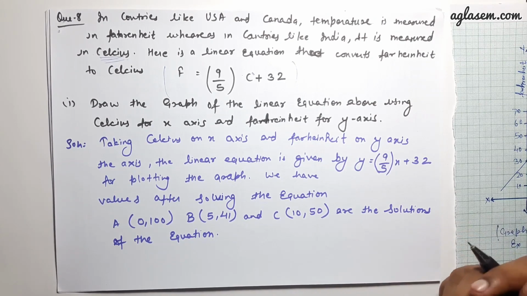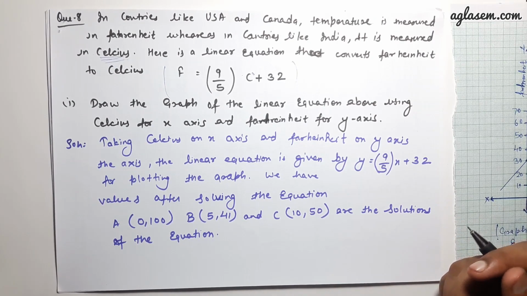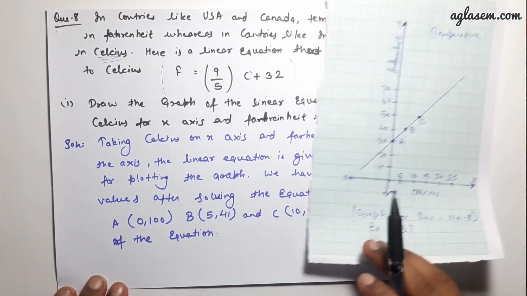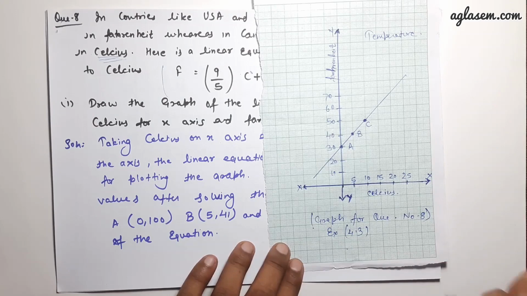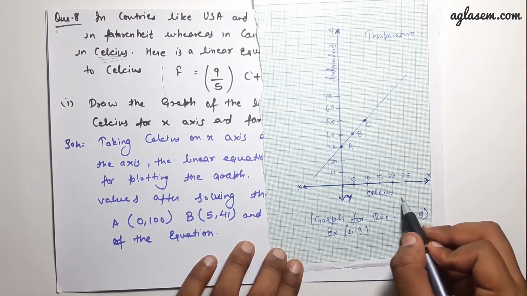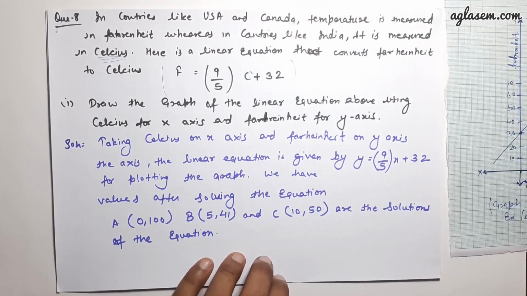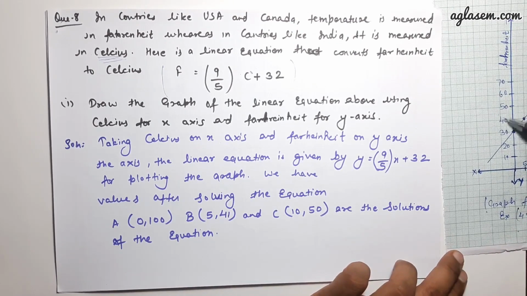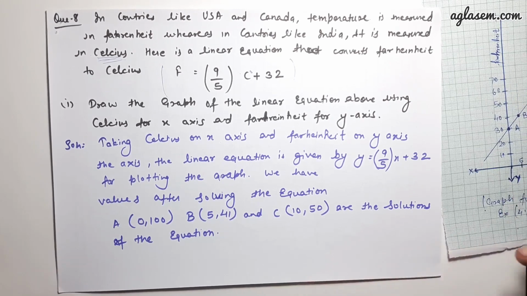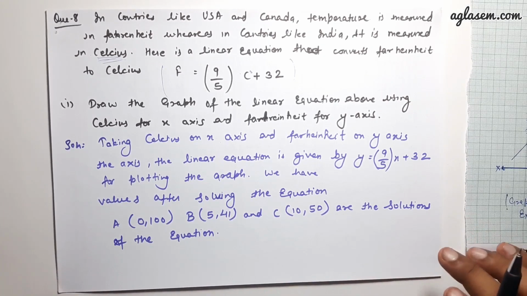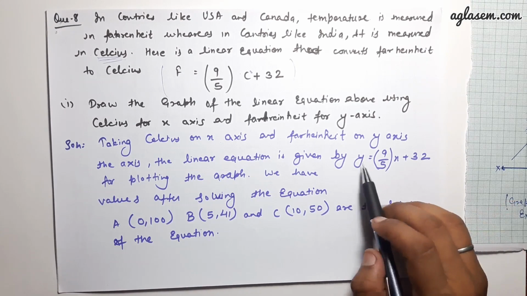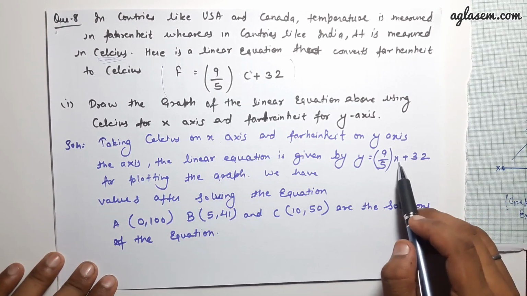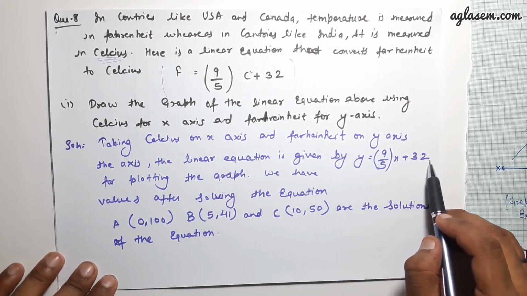So we have to make a graph in the first part of the same question. Taking Celsius on the x-axis and Fahrenheit on the y-axis, you can see here the y-axis is Fahrenheit. The linear equation is given by y equal to 9 upon 5 x plus 32.